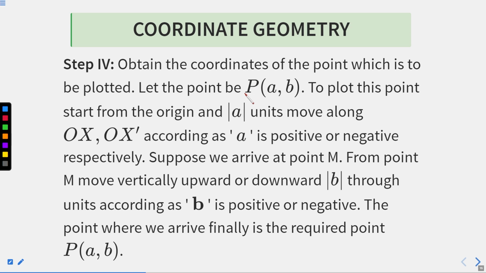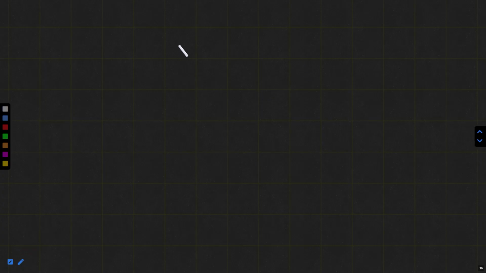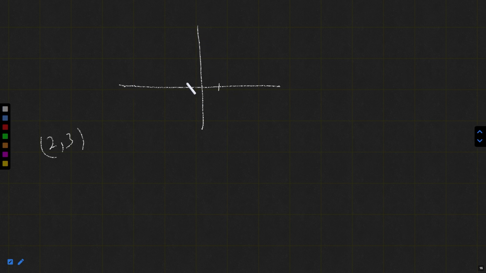Now obtain the ordinates. I have already told this; let me give you an example. If 2 comma 3 is given, first I draw the x and y axis. Here x is equal to 2, y is equal to 3. Since 2 is positive, x means the positive side, the right side.